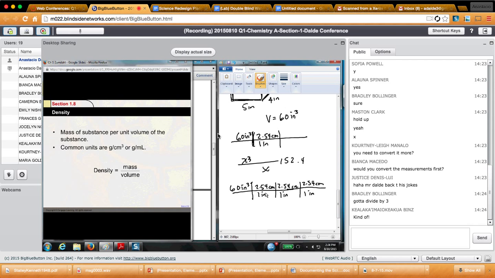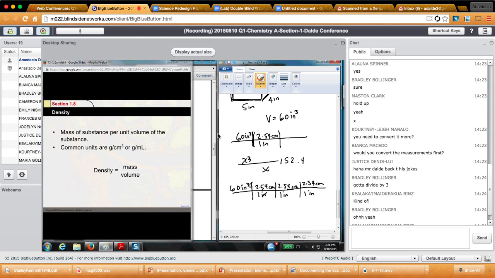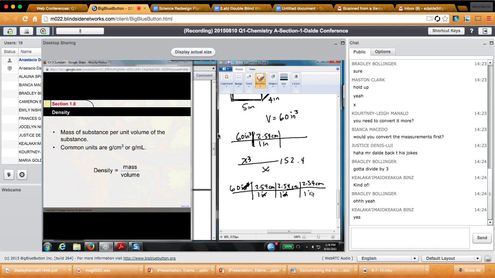Because this inch and this inch and this inch makes it inches cubed on the bottom, and that will cancel out with this. And then the centimeters times the centimeters times the centimeters. We're just looking at units. If I have centimeters times centimeters times centimeters, what am I going to have in the end? Centimeters cubed. So what I want you to take is 60 times 2.54 times 2.54 times 2.54. And what did you get?